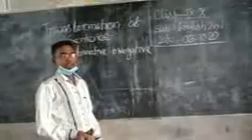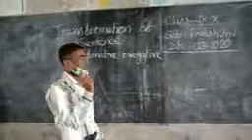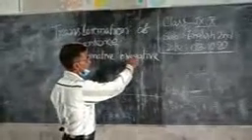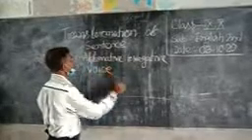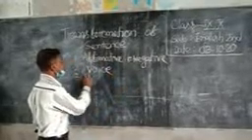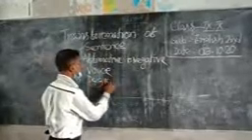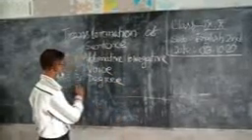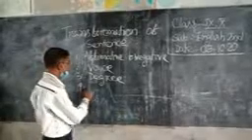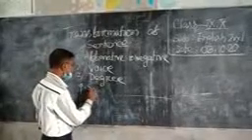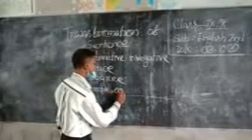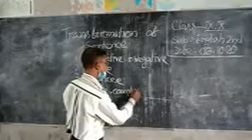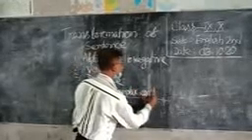That is, we have to also change the sentence from negative to affirmative. Number two, voice. Number three, degree. Number four, simple, complex, and compound.